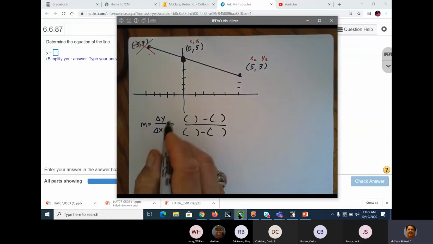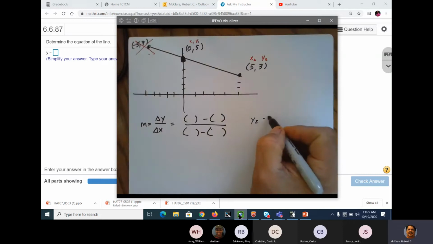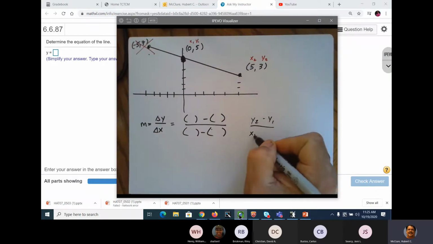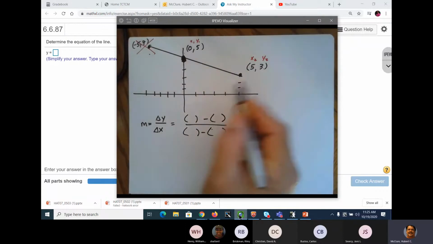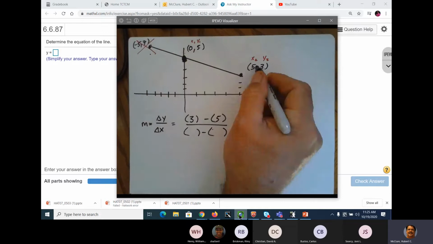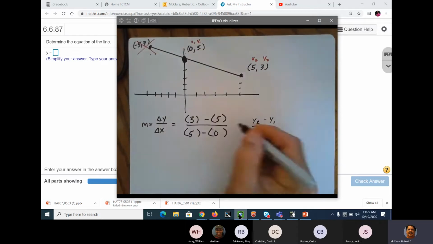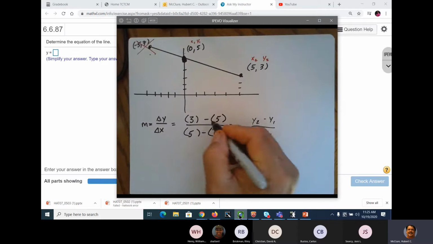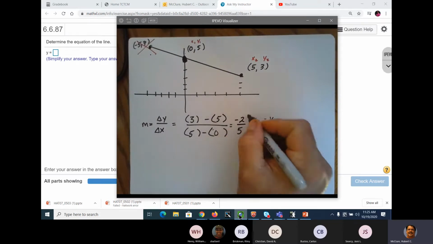And the formula for slope is y sub 2 minus y sub 1 over x sub 2 minus x sub 1. So y sub 2 is 3, 5, 5, 0. And that's going to be equal to 3 minus 5 is -2 over 5.